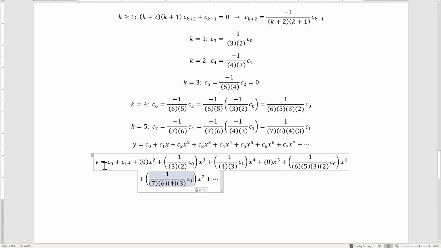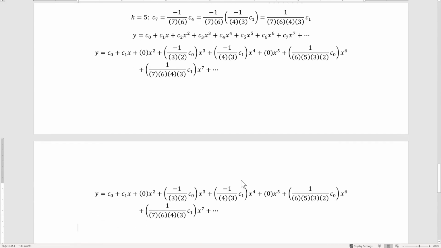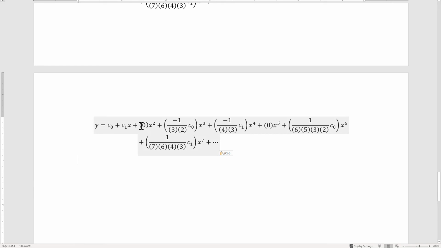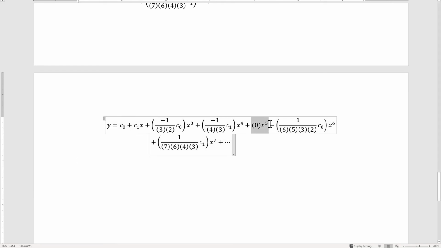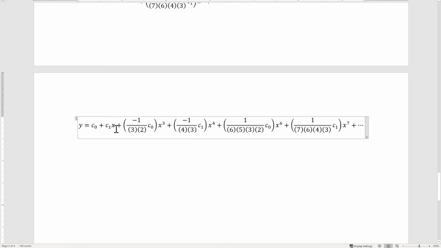Okay. Now let's just rearrange this so that all the c sub 0s are together and c sub 1s are together. Let's also get rid of the zeros, these terms that aren't going to matter for us. And we have c sub 1. And then we have the next c sub 0. And then the next c sub 0 has an x to the 6th.